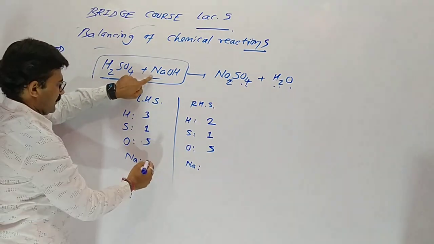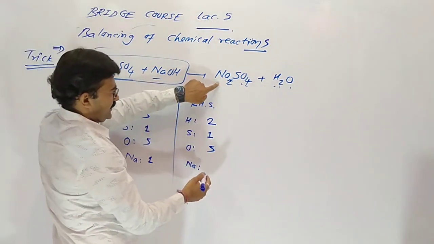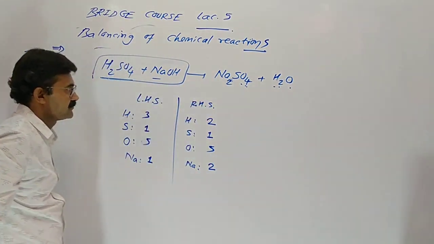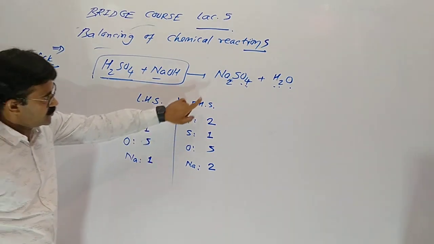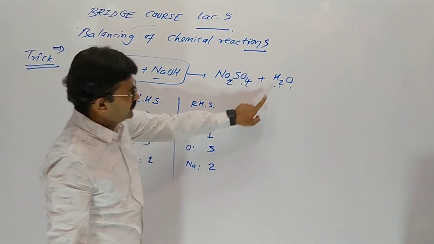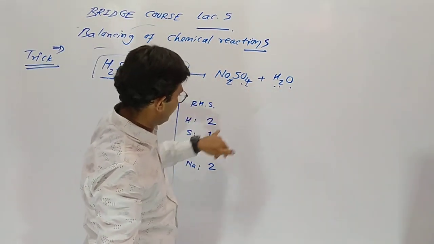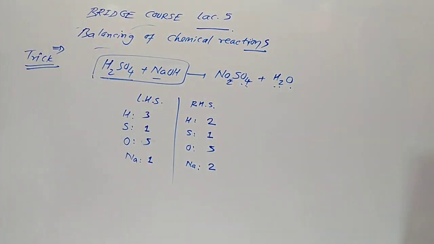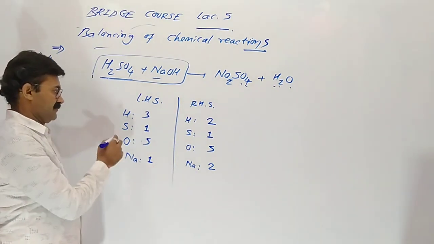Now sodium is 1 time here, but here 2 times. Here 2 sodium, 1 sulfur and 4 oxygen, 2 hydrogen, 1, so the total is 5 oxygen. Understood?